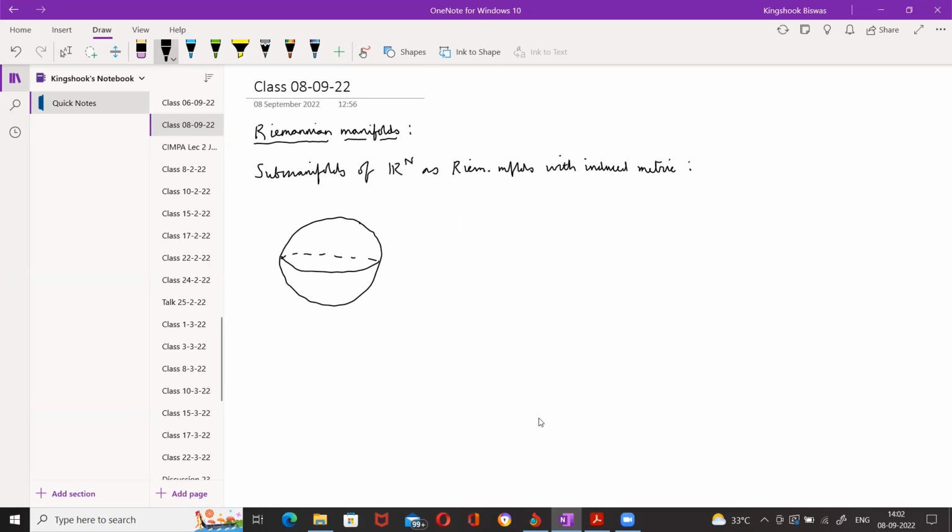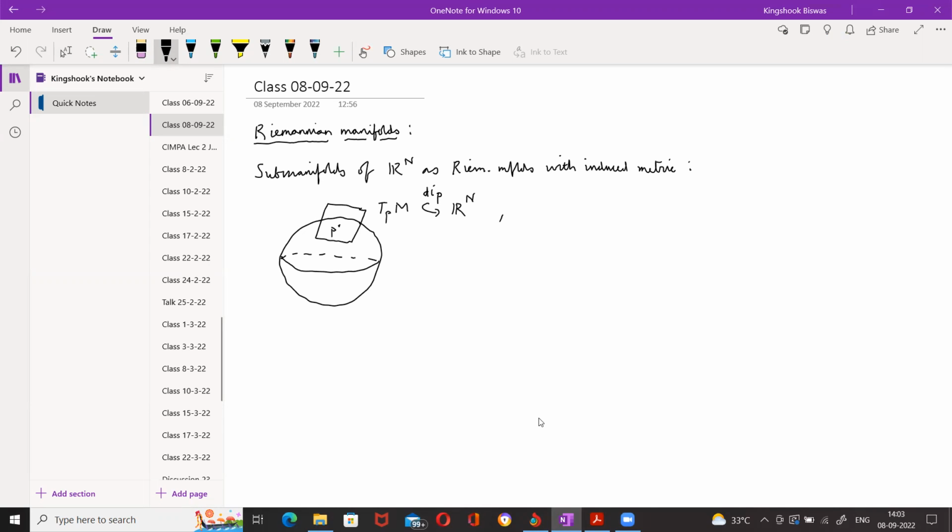And at any point of the submanifold, the tangent space at that point is naturally identified with a subspace of Rn, and the identification is via the derivative of the inclusion map. So this is 1-to-1 we saw last time.